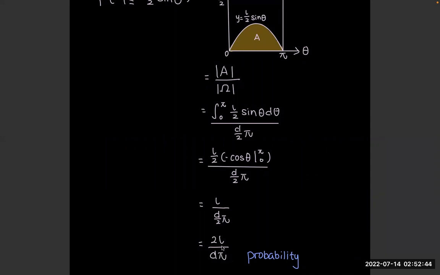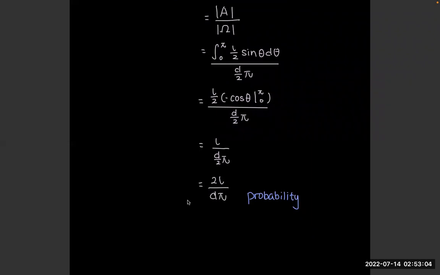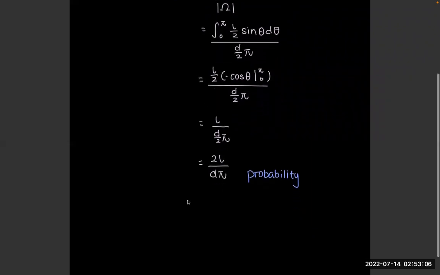Pi will be equal to 2L over d times this frequency. And the frequency can be obtained by repeatedly throwing the needle onto the paper and seeing how often it crosses the line. Then you can estimate pi. So maybe you can consider this the first Monte Carlo method in real life.